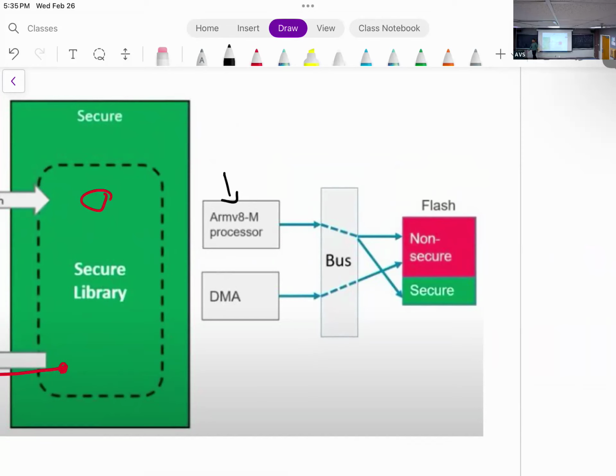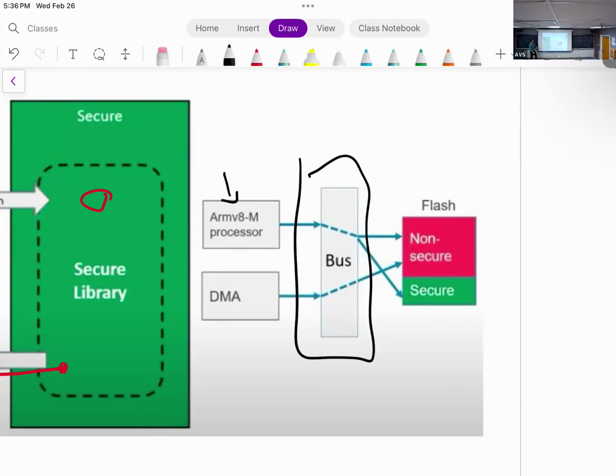I'm not duplicating the CPU, but what I'm doing is fragmenting and dividing the memory into a non-secure part and a secure part, to make sure that the secure part can only be accessed by the secure side and the non-secure part cannot access the secure part. I'm essentially doing this with a hardware unit called the TrustZone Controller, TZC, that I'm going to describe later, that basically doesn't allow accesses from the non-secure world to the secure world.